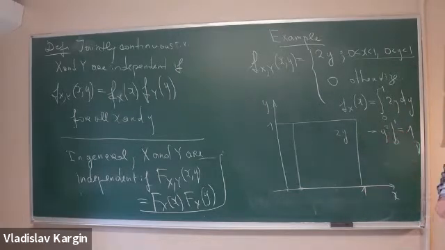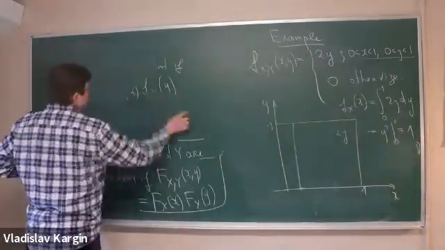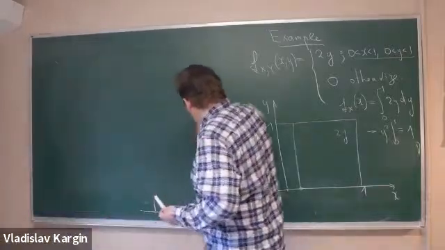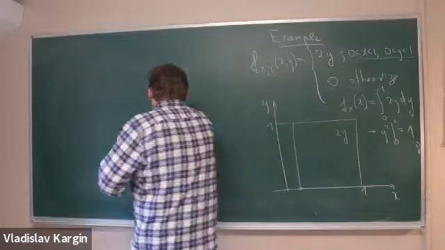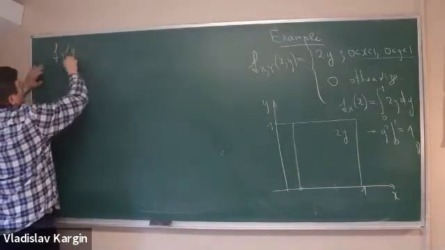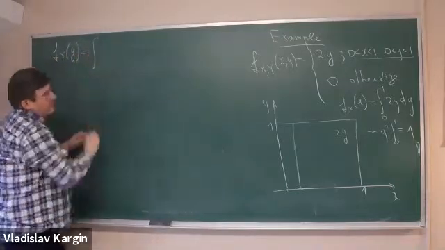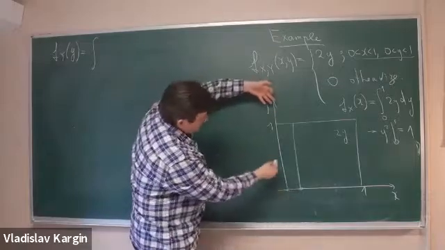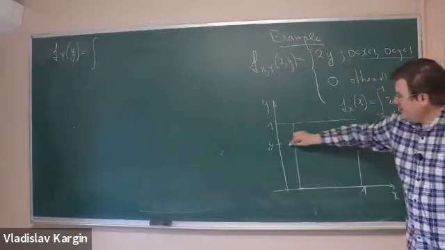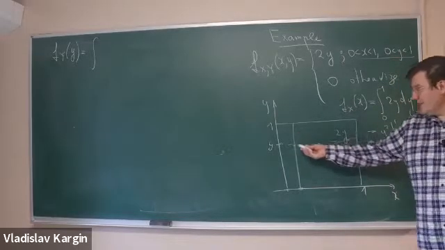And what about the other one? The other one is f of y. Now we're looking at the marginal density of y, so we fix some specific value of y and integrate over this segment.